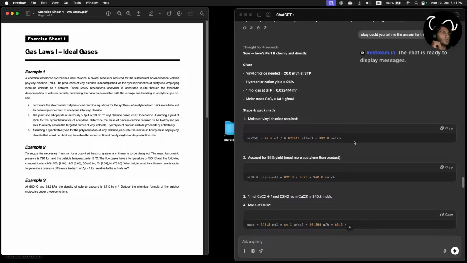That's how many moles of acetylene should be produced.